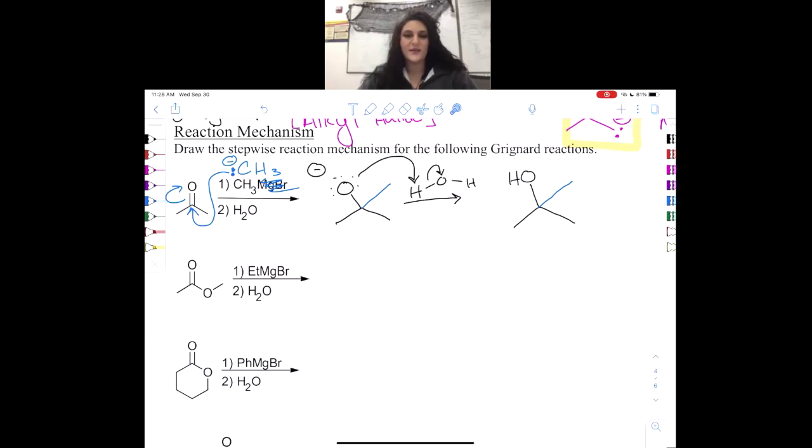So all I was saying was that in reduction, sometimes instead of protonating, we just reform the double bond. And the reason we can't do that is because now we don't have a leaving group, since we can't break carbon-carbon bonds. And that's why the only option we have now is to protonate.